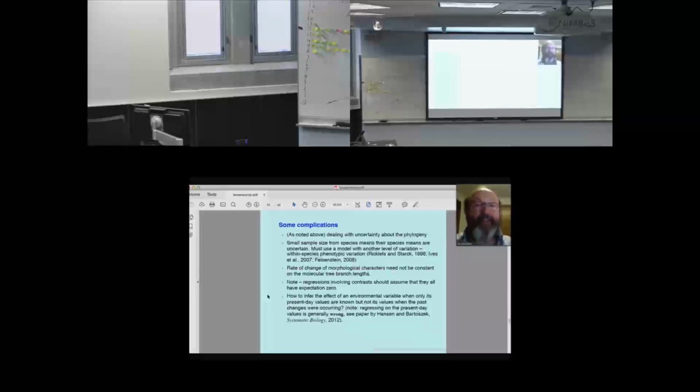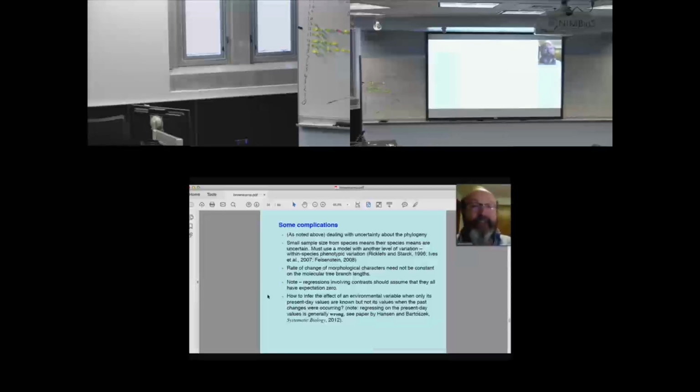So then we might say, temperature is changing by Brownian motion on this tree, the temperature of the environment, and the phenotypes are changing by Brownian motion. At that point, some meteorologist might jump up and say, why do you say Brownian motion? Why do you assume that your environmental variables are doing the same kind of process as the phenotypes of your species?